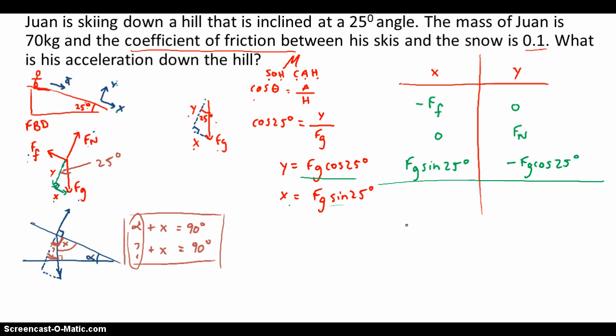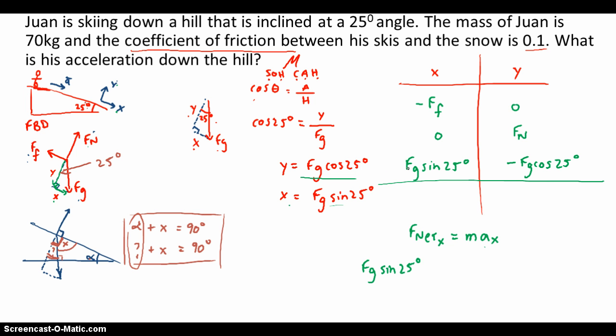So we can say the net force in the x direction is the mass times acceleration in the x direction. We're looking for acceleration, so let's try to find it here. Fg sine 25 degrees.